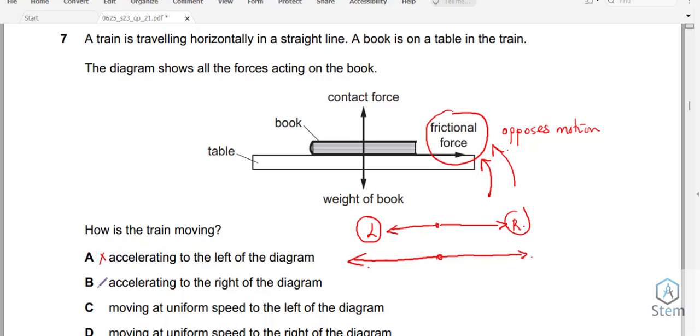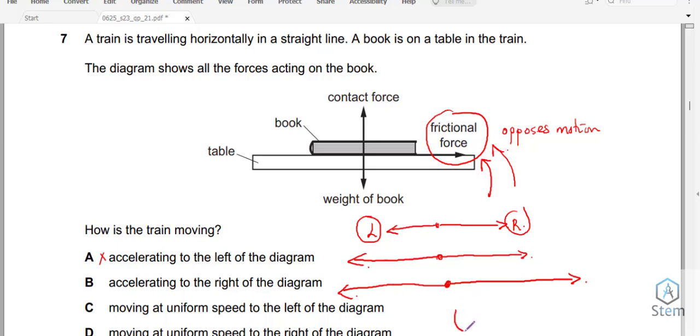B, accelerating to the right of the diagram. The train is accelerating in this direction, and the book is going to want to go in this direction. Let me give you an everyday example.